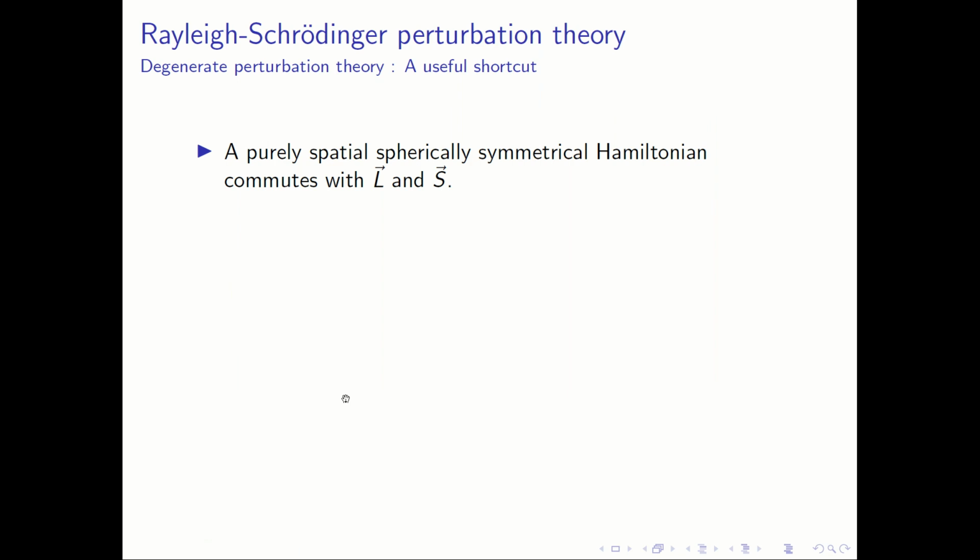Now, for our case, remember that we had a purely spherically symmetrical Hamiltonian to start with. This, by the way, is the Hamiltonian not of the actual sodium atom, but the Hamiltonian of the sodium atom in the independent electron approximation for the valency electrons.